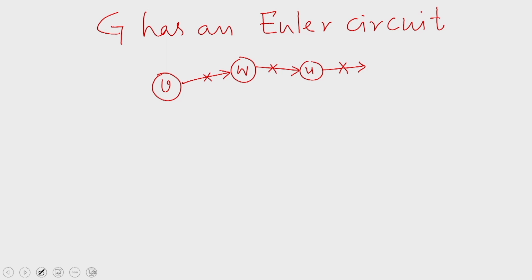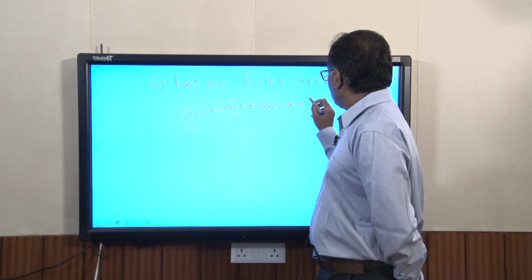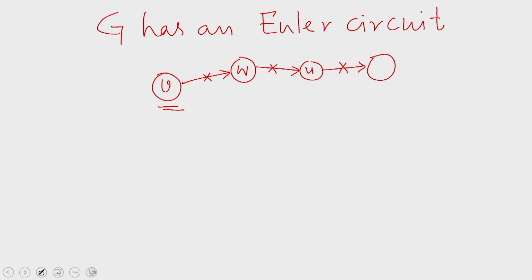So, as we pass through the Euler circuit, we find that the start vertex V and the present vertex where we have reached are the only two vertices with odd degrees. Every vertex that we have passed through has lost an even number of edges. So, every vertex other than the start vertex V and the present vertex has an even degree.